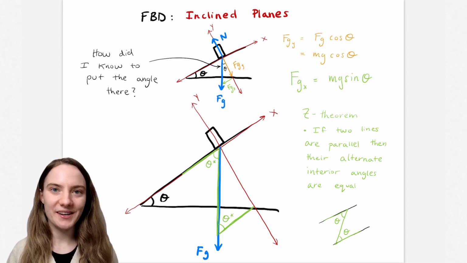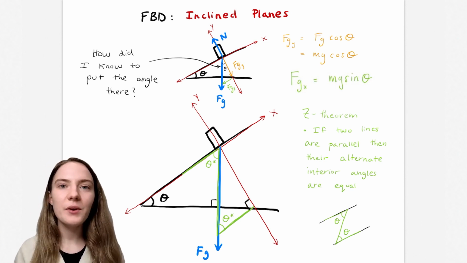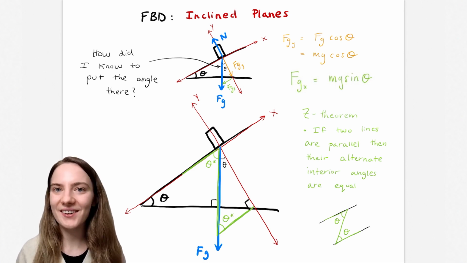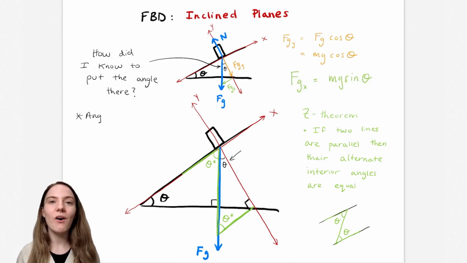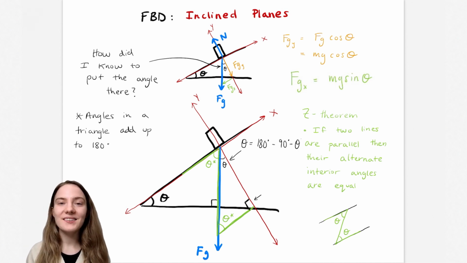Still looking at our free body diagram, I want you to notice the 90-degree angles that we formed here and here. And so now we've got all this information, but how can it help us solve for this angle? Well, we know that all of the angles in a triangle have to add up to 180 degrees. So that means that this angle must be equal to 180 degrees minus 90 degrees, that's from this angle here, minus theta star, our angle that we found here.